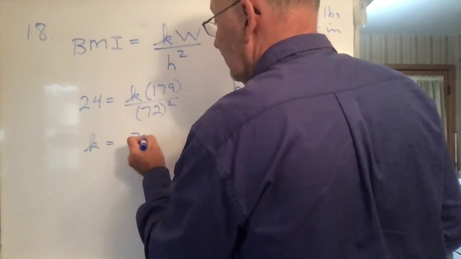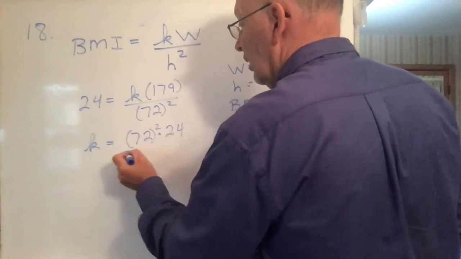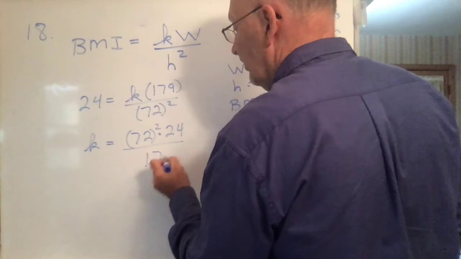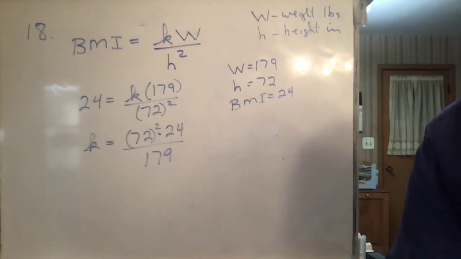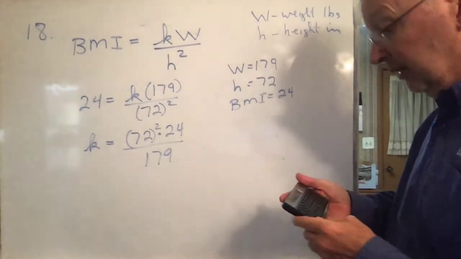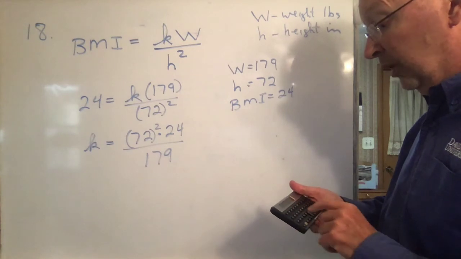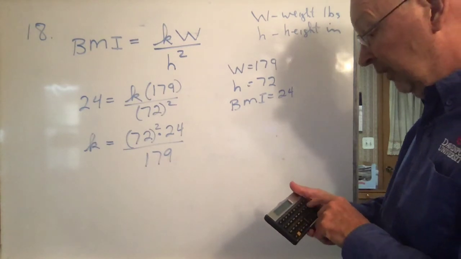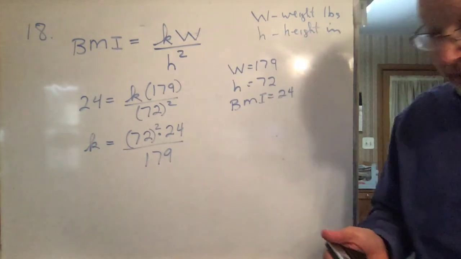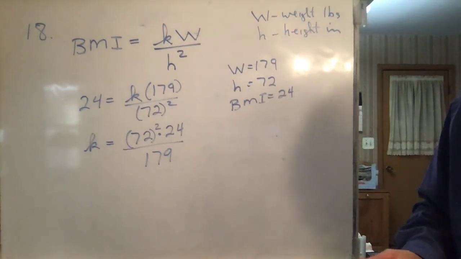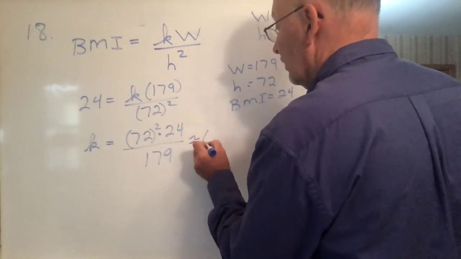K is going to be 72 squared times 24 divided by 179. Okay? And those are way too big of numbers for me to do without a calculator, so let's go ahead. 72 squared times 24 divided by 179, I get 695.06. So that rounds to 695.